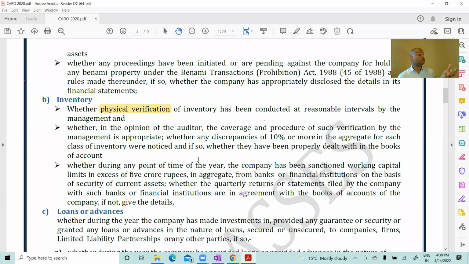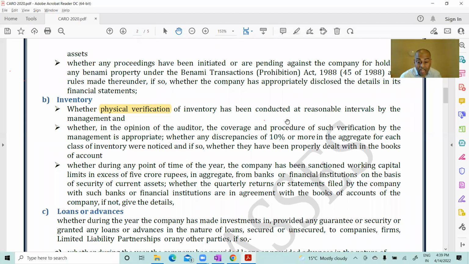Difference between book balance and physical balance. In the books, raw material X 55 kgs is there. Physical verification, I found it 22 kgs. In the books, 55 kgs. Physically 22 kgs. I have to go and ask, are you kidding me? What is this balance 55 kgs? What is this physical balance 22 kgs? That is called discrepancy between books and physical balance.